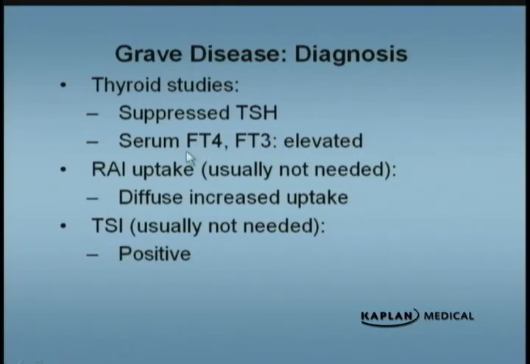All you have to do is get a free T4 and a TSH. The TSH is low, the free T4 is elevated, and in the patient that has proptosis, because I said it doesn't occur anywhere else, in no other disease, then you have the diagnosis and you don't have to go any further. The radioactive iodine uptake is usually not needed.